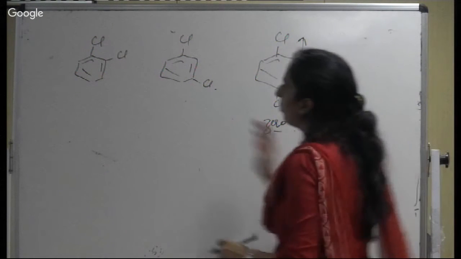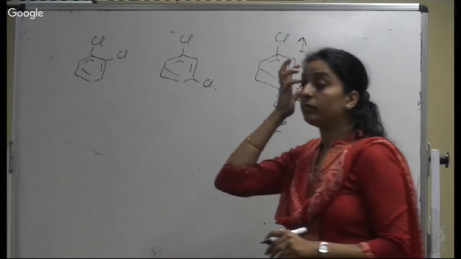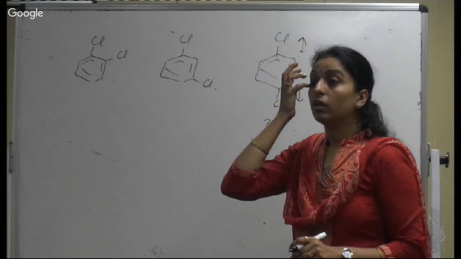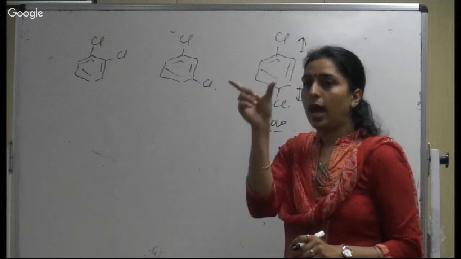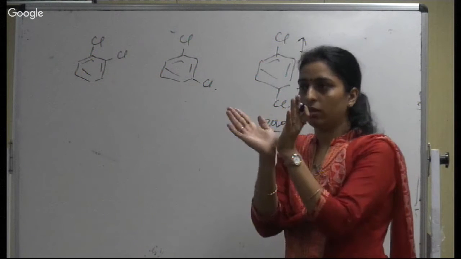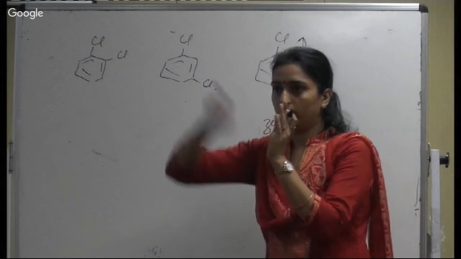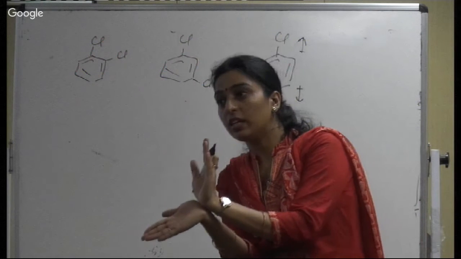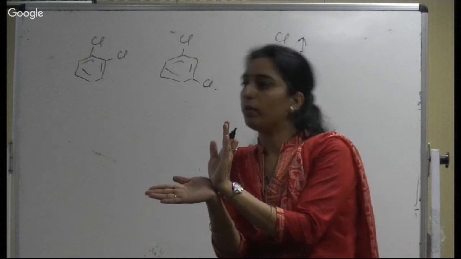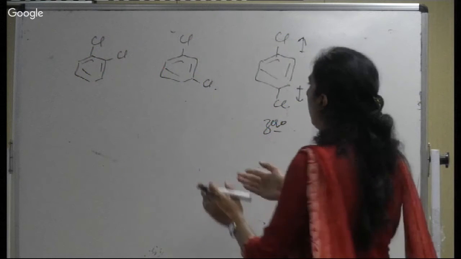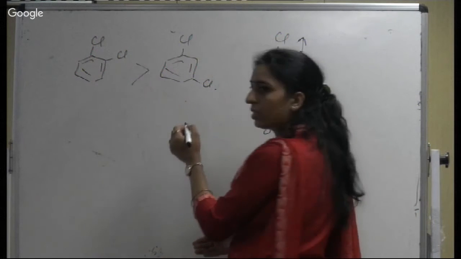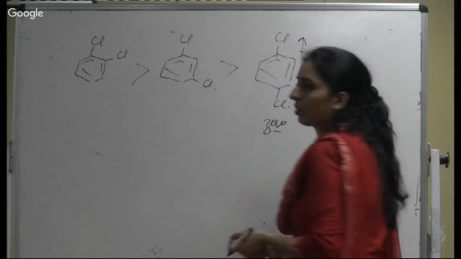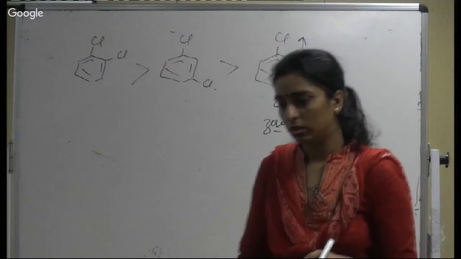What about the ortho and meta? Remember, because it's a vector quantity, you might be knowing how they add. As the angle between the two halogen atoms increases, the dipole moment will decrease. So I think this is right. Shall I tell you the values?